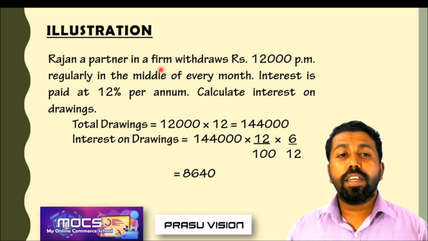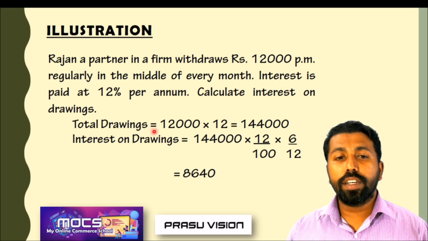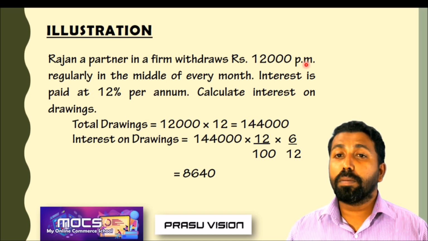Here, Rajan, a partner in the firm, withdraws rupees 12,000 per month regularly in the middle of every month. Interest is paid at 12% per annum. Calculate interest on drawings. In the same way, we have to calculate the total drawings: 12,000 into 12, which is 1,44,000.